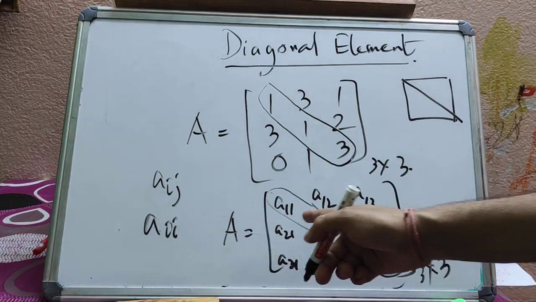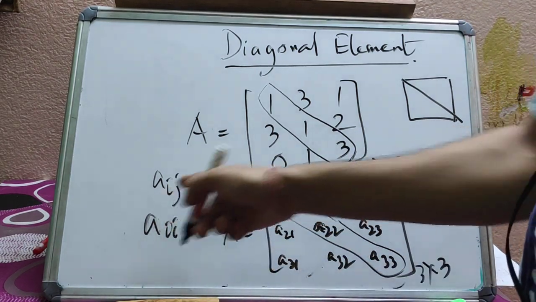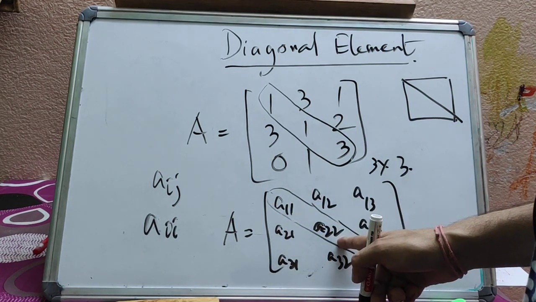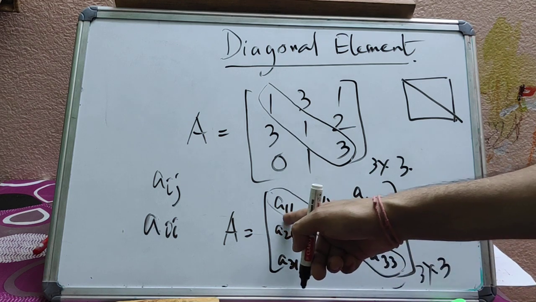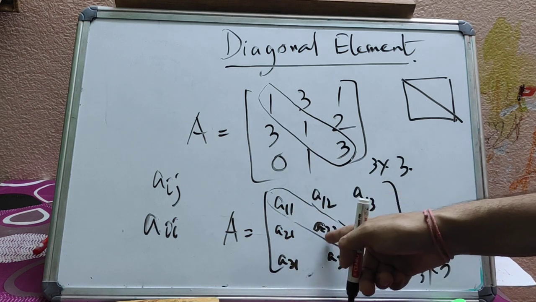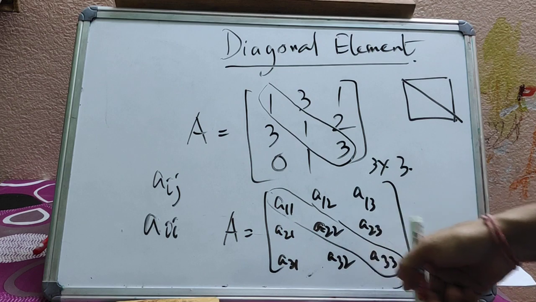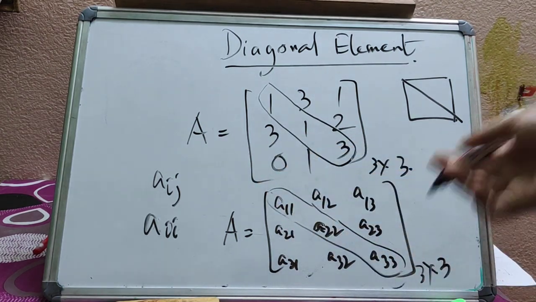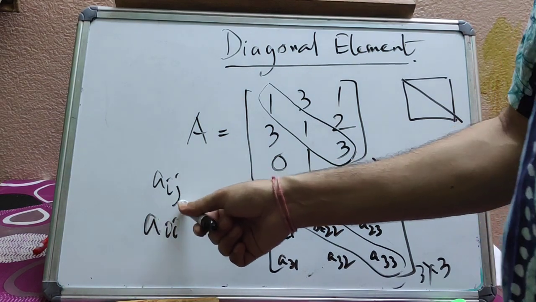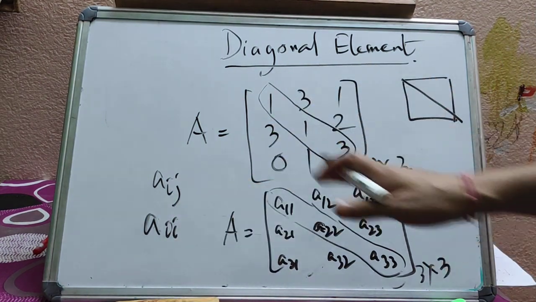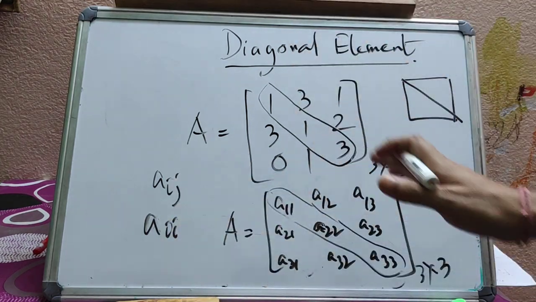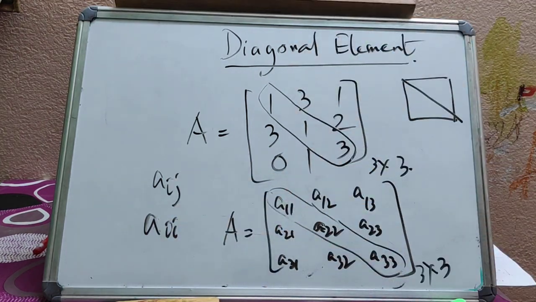That means i and j would be equal for the diagonal elements. This is a11, this is a22, this is a33. So the first and second digits are the same. Whenever an element's i and j indices are the same in a square matrix, it represents the diagonal elements of the matrix. Okay.